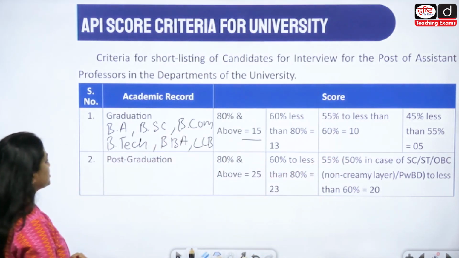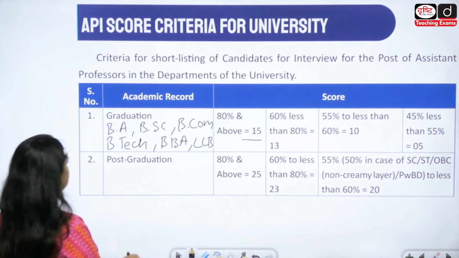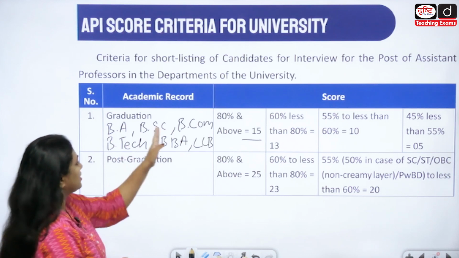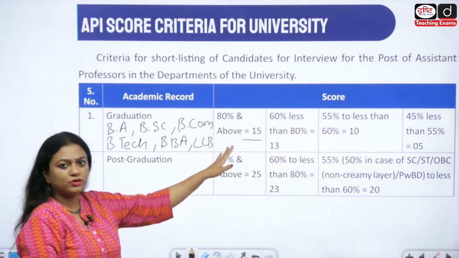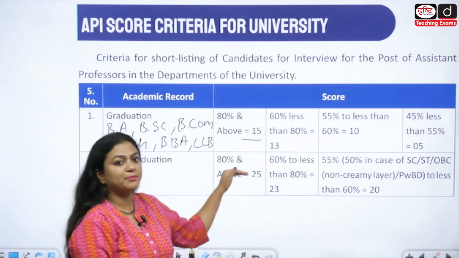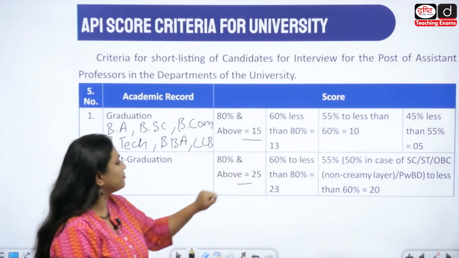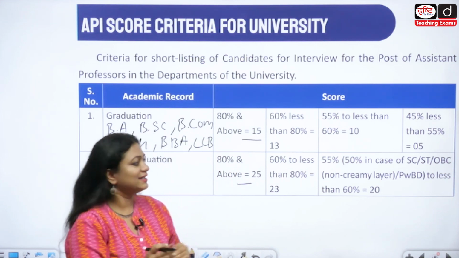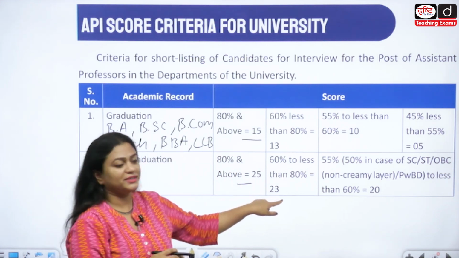The second parameter, post-graduation, like MA, MSc, MCom, MTech, MBA, LLM, whatever other degrees there are. If your score is above 80%, you will get 25 marks. If your score is between 80 to 60%, then you will get 23 points.